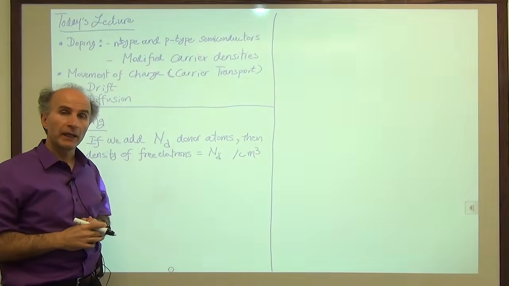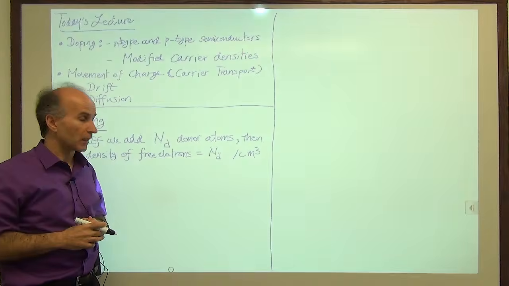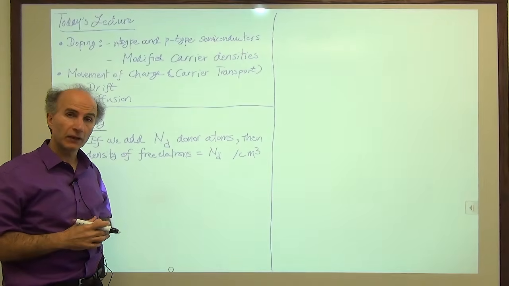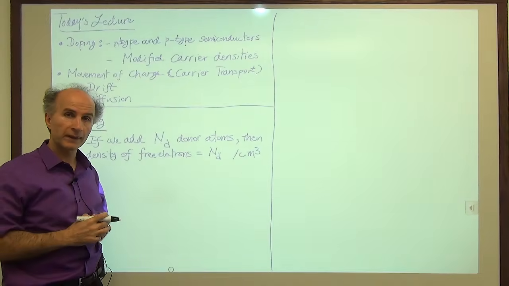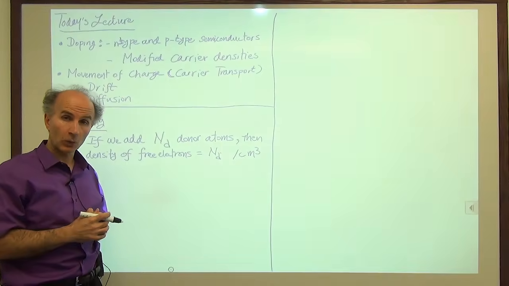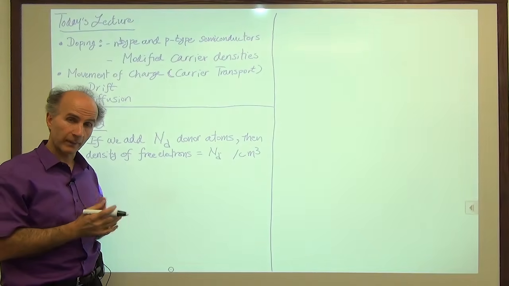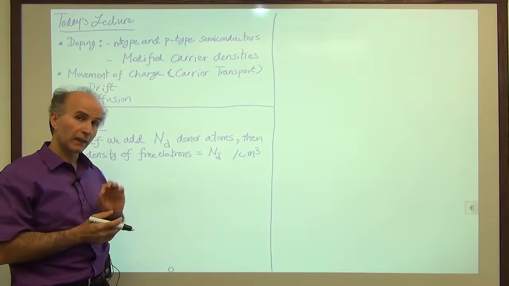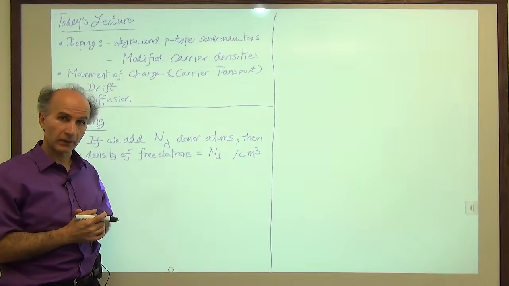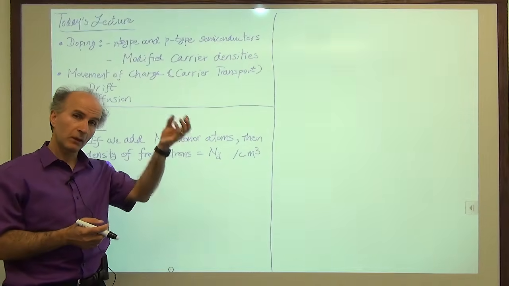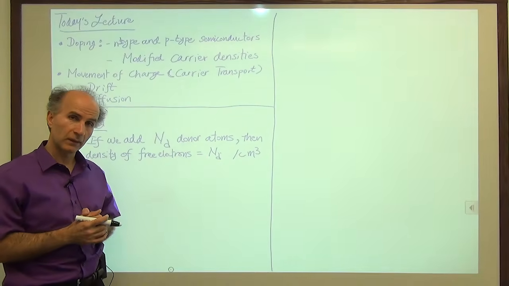All right. Now, the number of free electrons per cubic centimeter is some amount. The number of holes per cubic centimeter is also some amount. In pure silicon, these two are equal, if you remember, because for every electron that was released from a bond, we also had a hole.